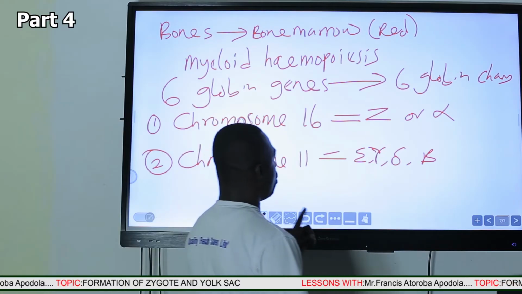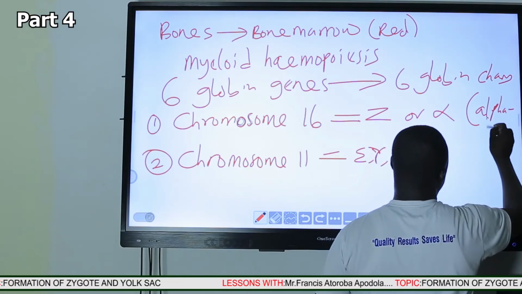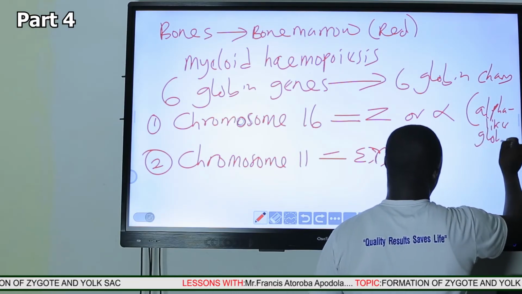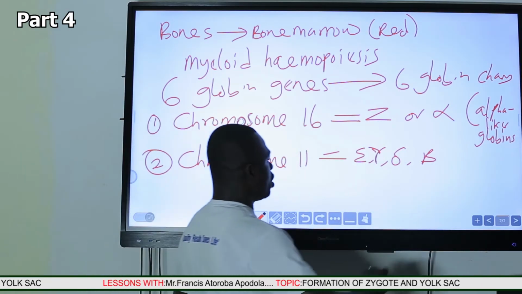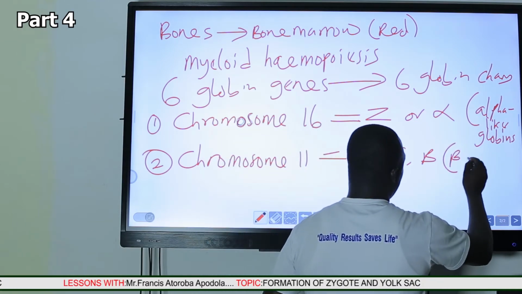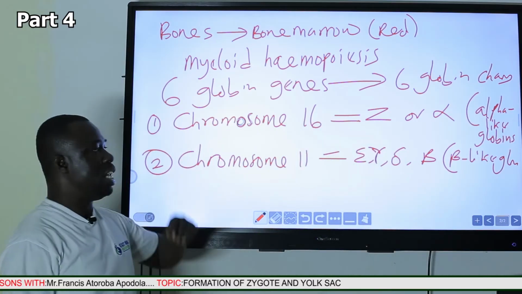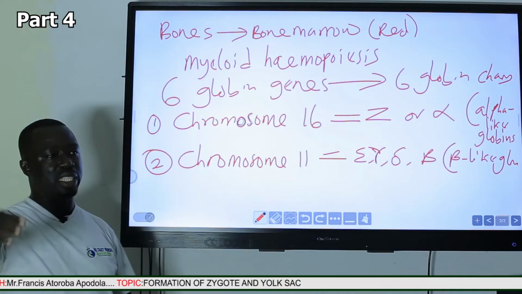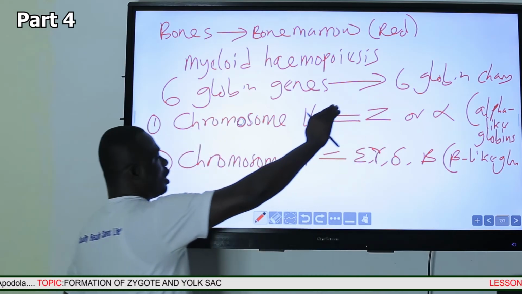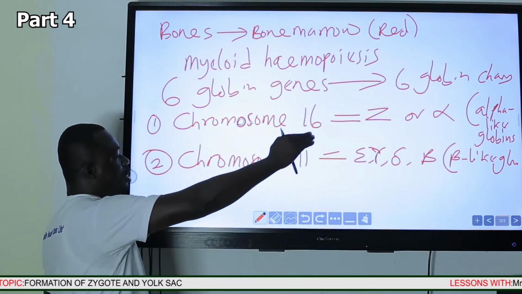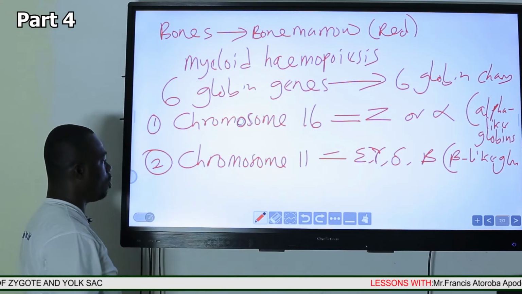The globin chains from chromosome 16 are known as the alpha-like globins, and those from chromosome 11 are the beta-like globins. The combination is 2 alpha-like globin chains and 2 beta-like globin chains.